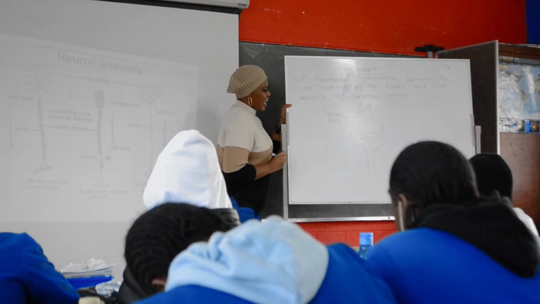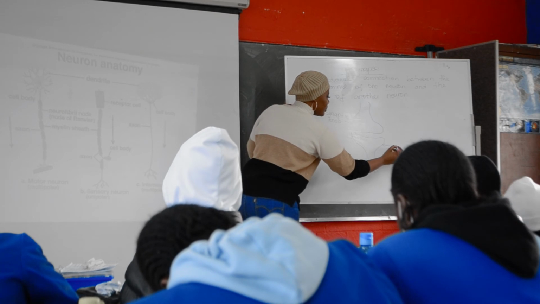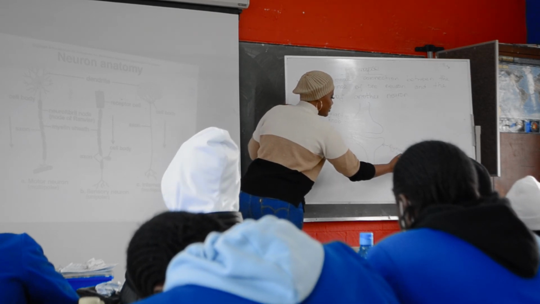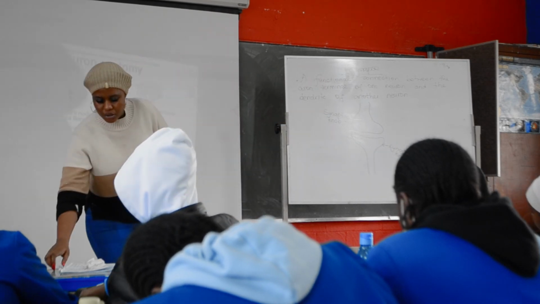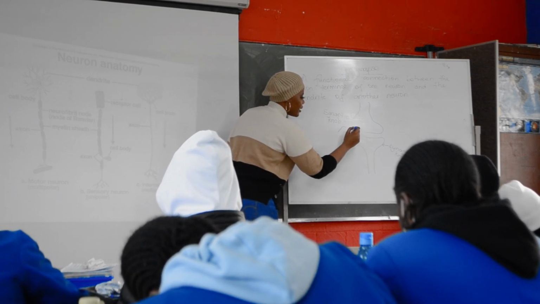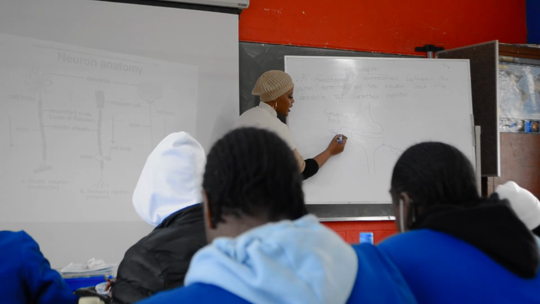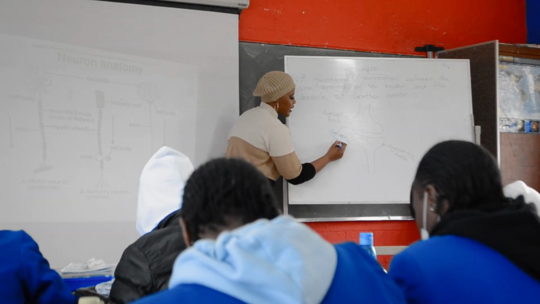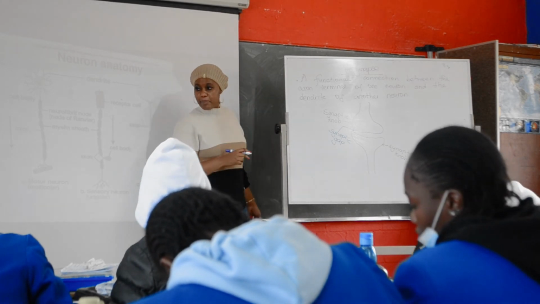I'm trying. And then obviously that will be a synaptic knob of a dendrite of another neuron. And then number two, this microscopic space or gap between the two neurons, this is our what, people? This is our synapse, and we call this a synaptic gap.